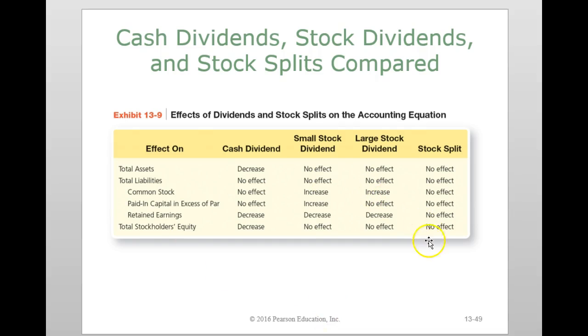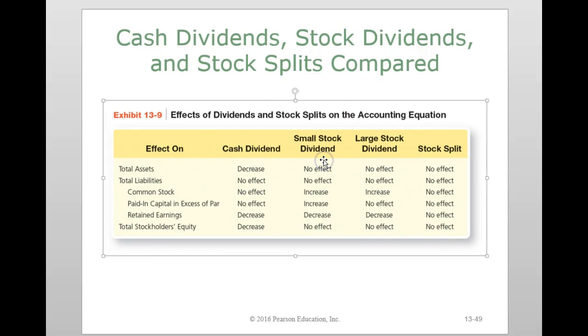This is just a really interesting table; it shows the effects of each one. And this one area right here has an awful lot to do with dividend policy, because if you don't want to decrease your assets, then you're going to do a stock dividend or a stock split.